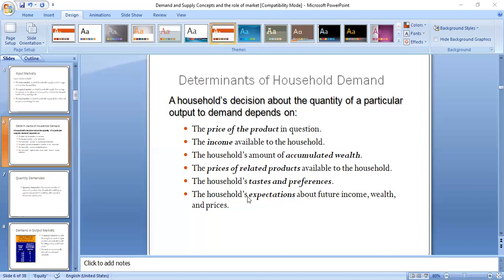Then households' expectations about future income, wealth, and prices. For example, in terms of prices, if consumers expect that the price of a particular good will increase in future, then currently they are going to demand more of the good.